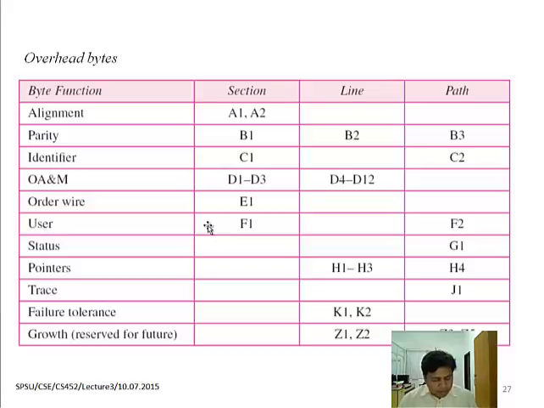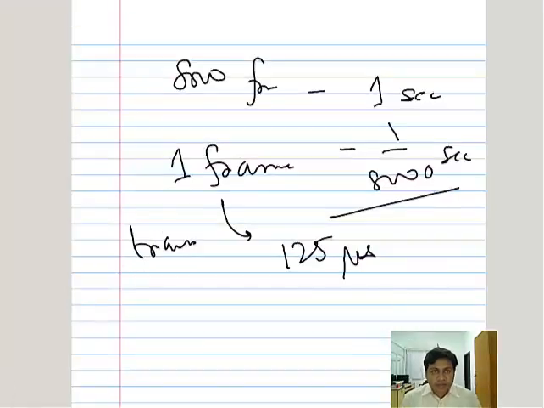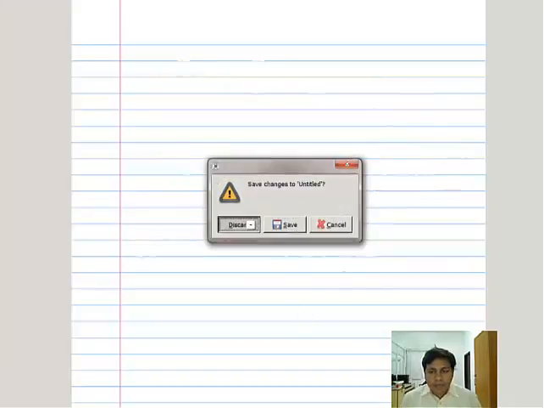Now let's take one more example for calculation. In SPE we have two headers, line header and section header.